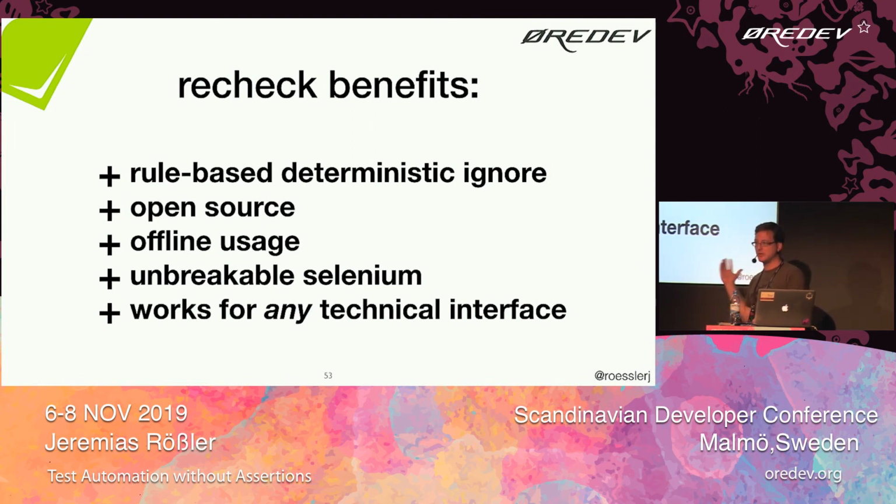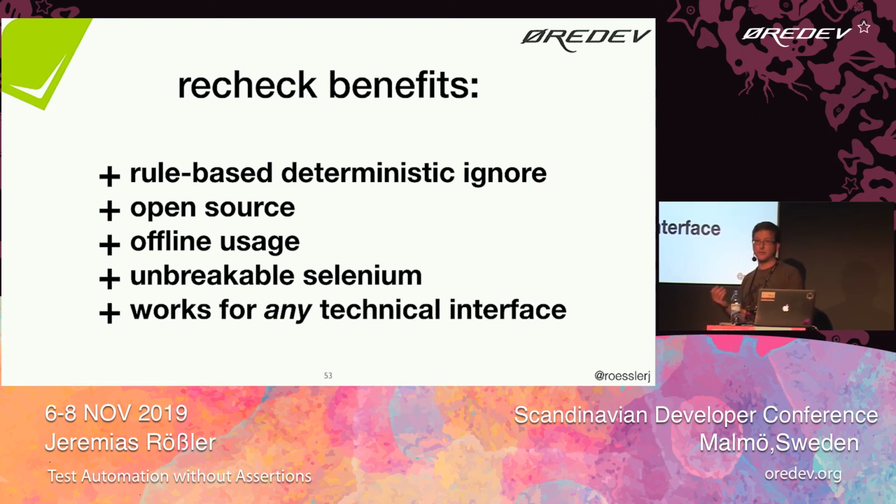You can use additional services if you want to upload it, for team functionality and all of that, which I didn't show. But plain and simple, it's just a local file that's created, so you have no external dependencies. As I showed you, it gives you unbreakable Selenium. Unbreakable, I mean, if you remove the element, the test will still break, but it's way more robust than it used to be.